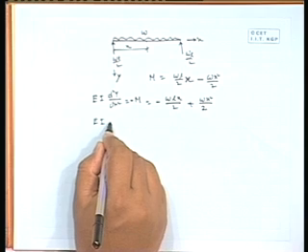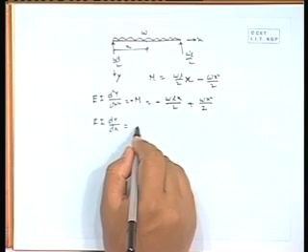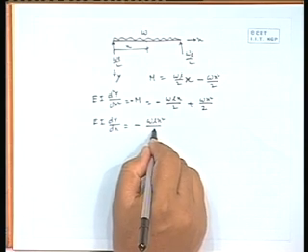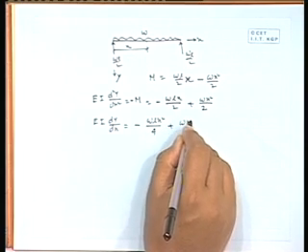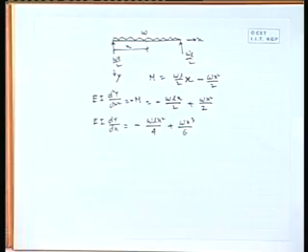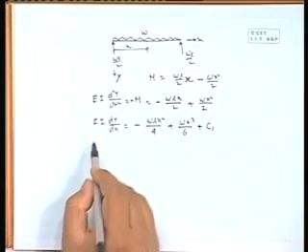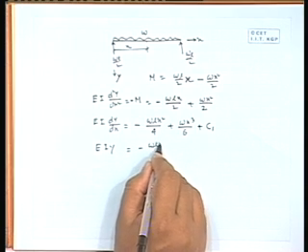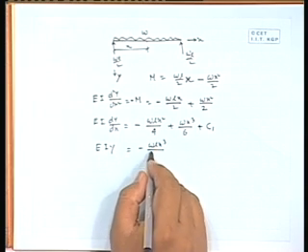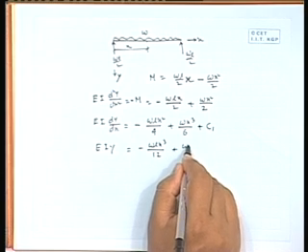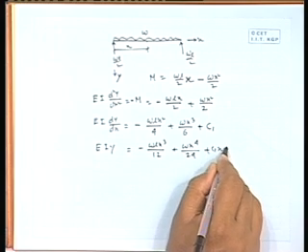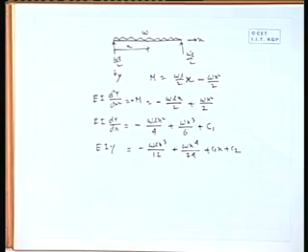So, E I dy by dx equals minus omega L x square divided by 4 plus omega x cube divided by 6, plus some constant C1 will come. Your second integration will give E I y equals minus omega L x cube by 12 plus omega x to the power 4 by 24, plus C1 x plus C2.